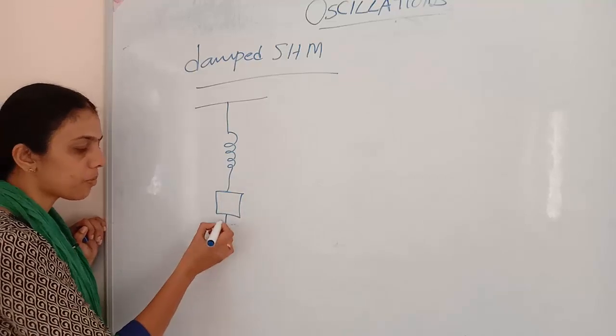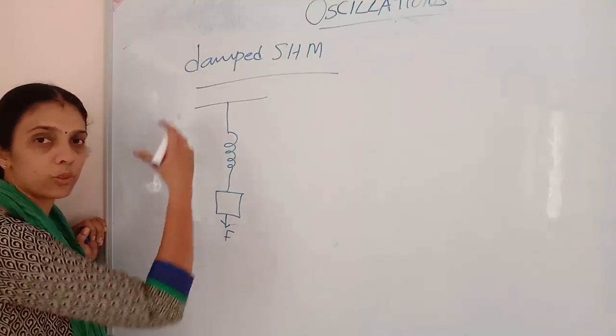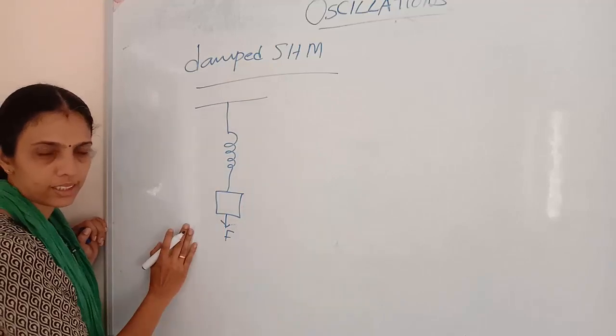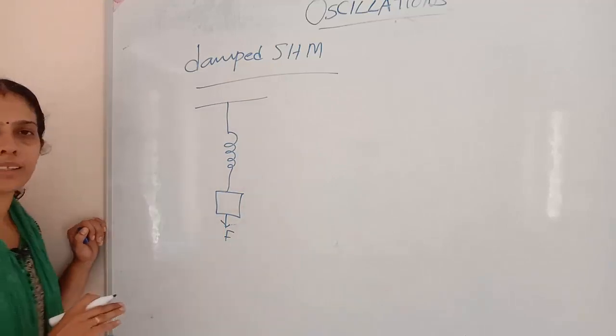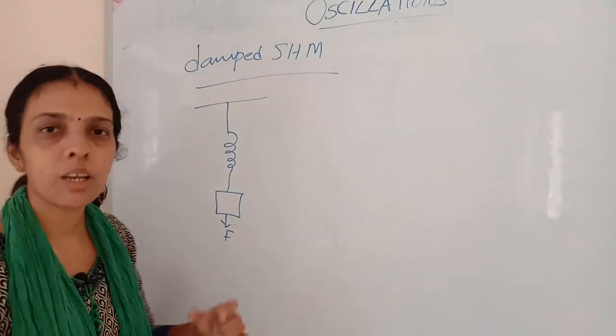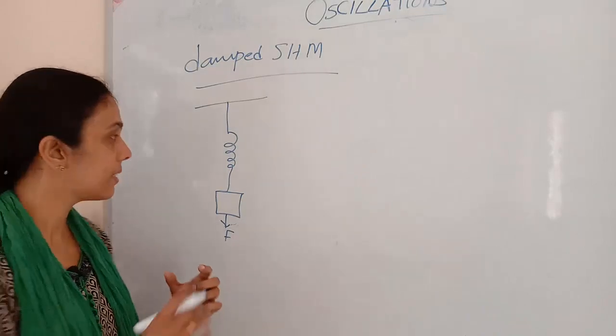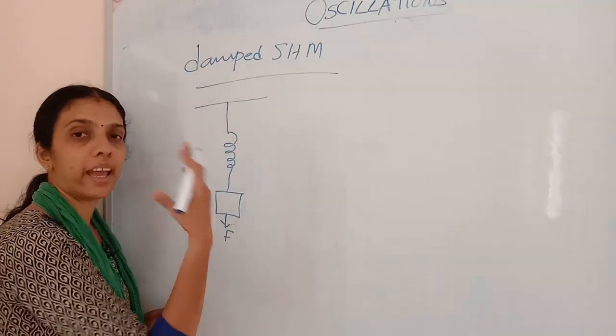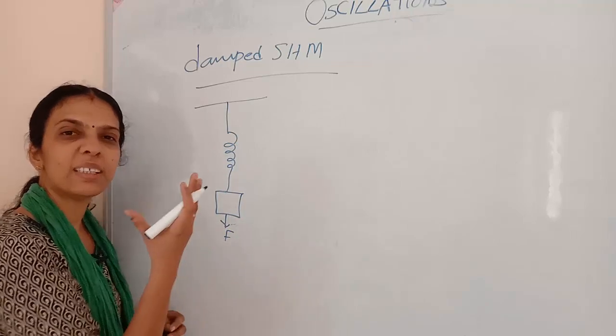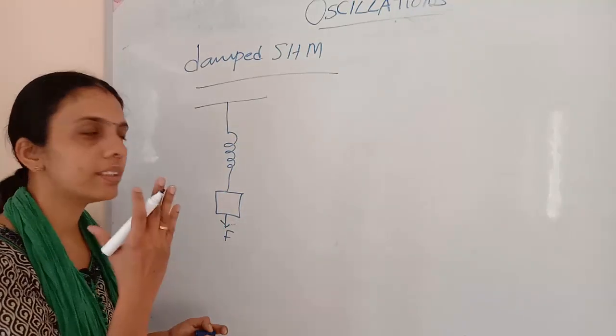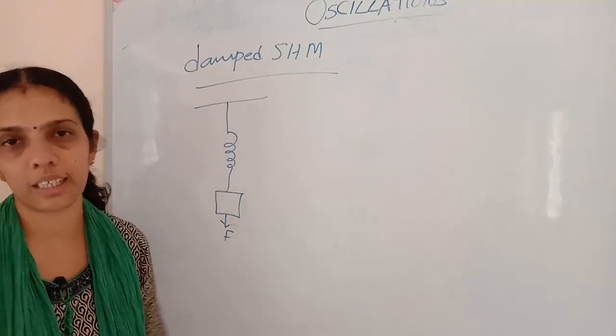I am giving a small force. Because of the restoring force, what will happen? It will oscillate. After some time we can see it will come to rest position. What is the reason for that? Some frictional force will be acting, air resistance will be acting, some dissipative forces are there to reduce the oscillation.